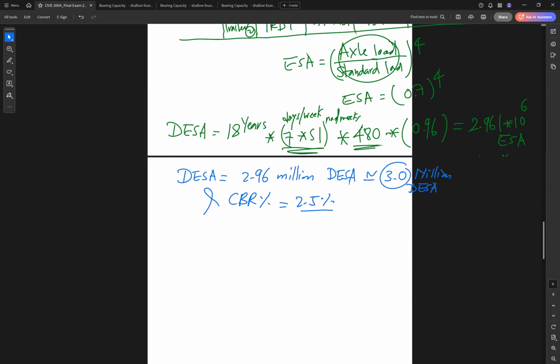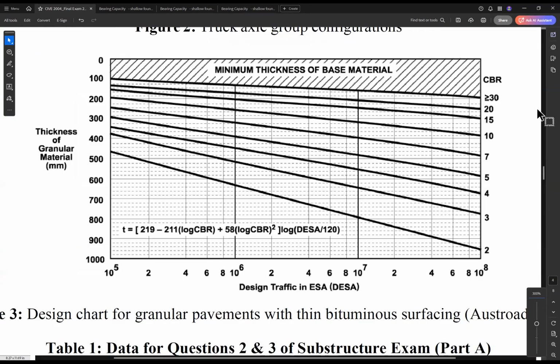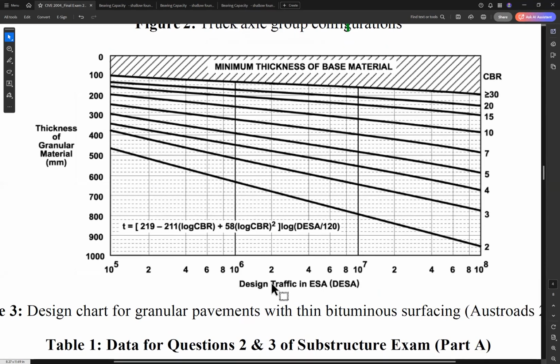We need to go to the chart. The chart is already given to you here. I will make it bigger. So how much is design ESA? 3 million.